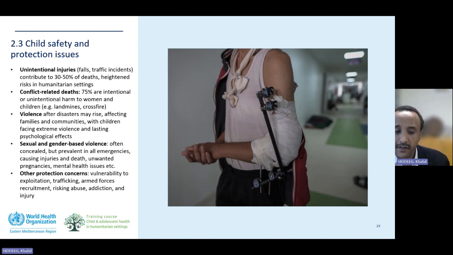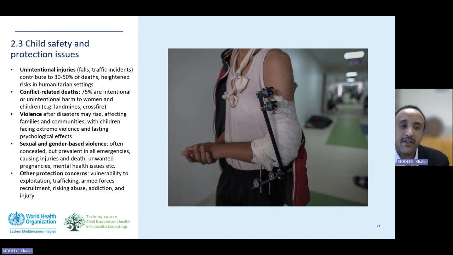We have seen in Gaza a high proportion of children affected directly by crossfire, by airstrikes. We have a big number of children and adolescents who died due to direct attacks. We have also seen this in the Sudan crisis, and we continue seeing it in Yemen and other places. So conflict-related death is a big burden we need to look at.